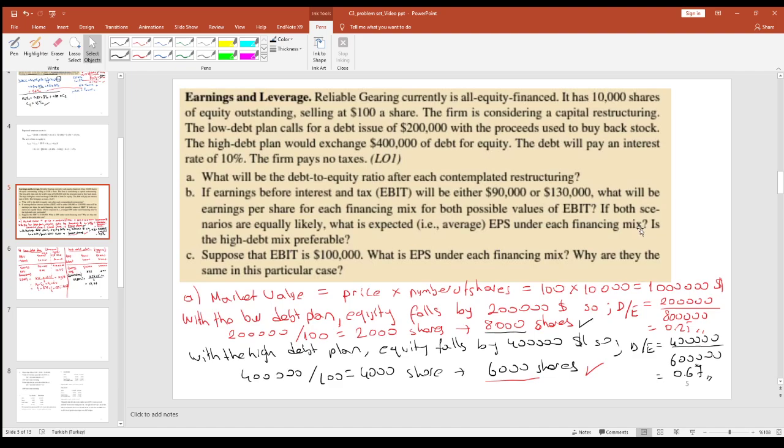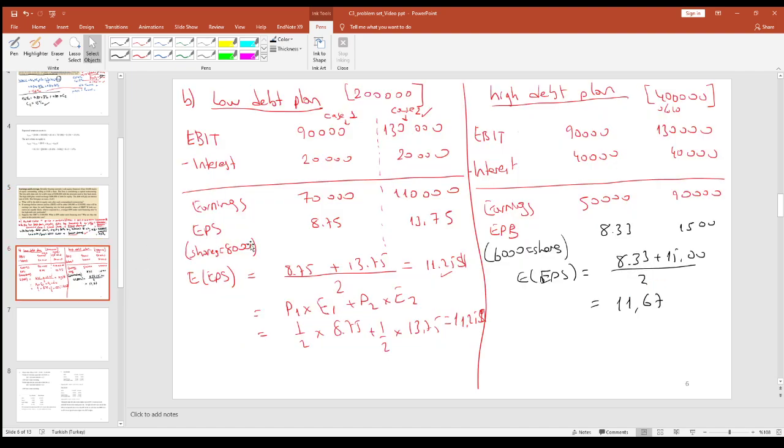We calculated this. The last part of the question: is the high debt mix preferable? Let's take a look.